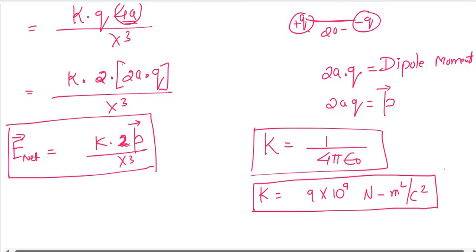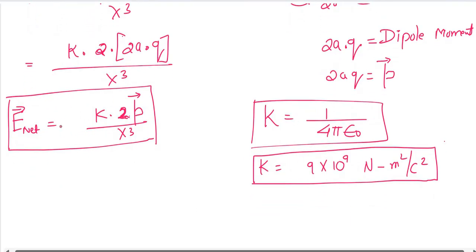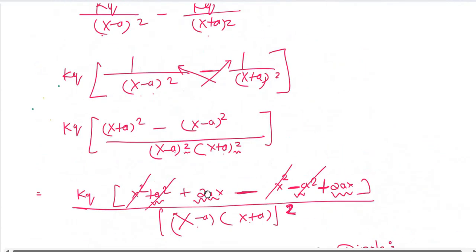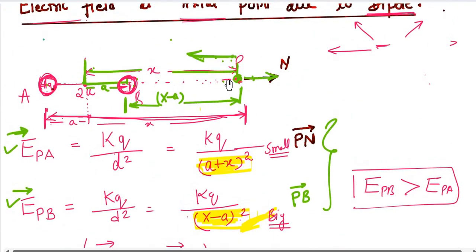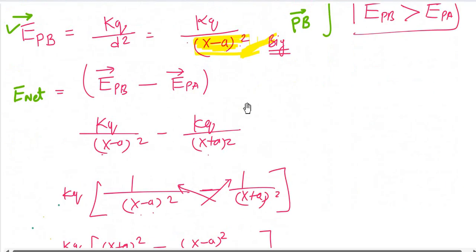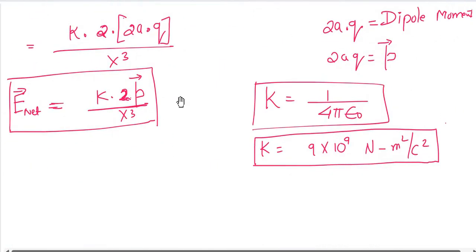Okay, so from here we can say the electric field due to a dipole at an axial point. Axial point means the point which is on the same axis, which is here. This is the axial point. So at the axial point, the electric field is this.